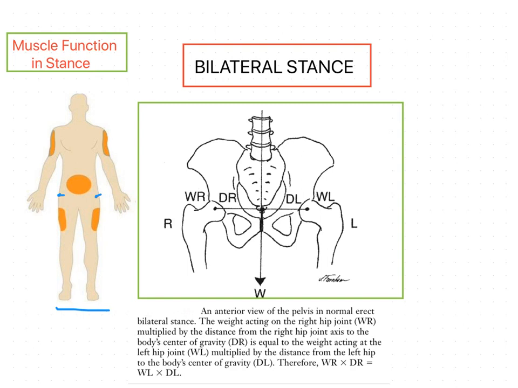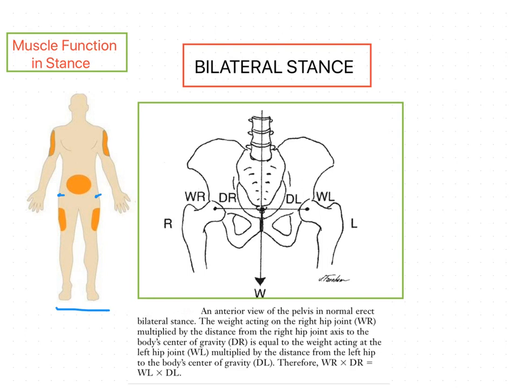Now we are going to discuss first the sagittal plane. In erect bilateral stance, both hips are in neutral or slight hyperextension. If the hip joint is in slight hyperextension, what happens in this position?